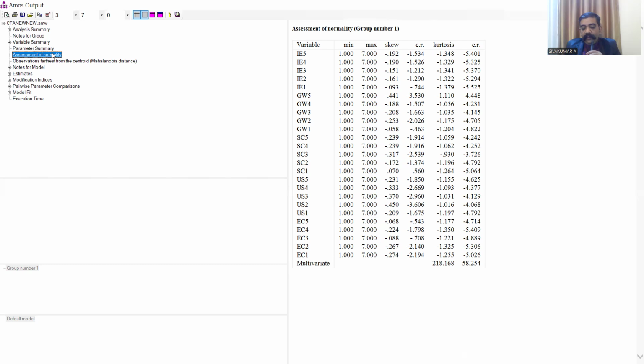If the value lies between -2 and +2, no problem, that is approximately normal. We have got so many skewness values there. Very good. All values lie between -1 and +1. So it is an excellent value as far as skewness is concerned.